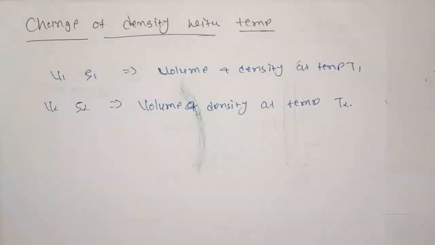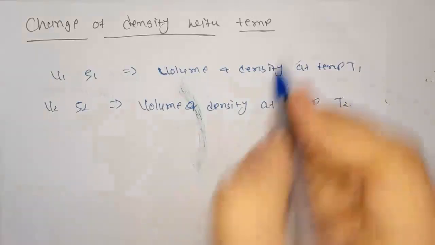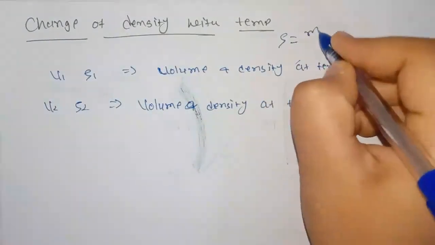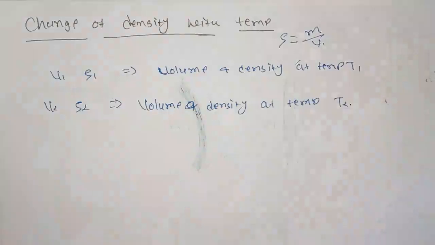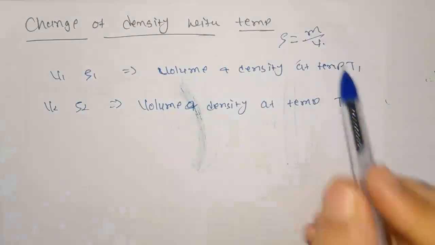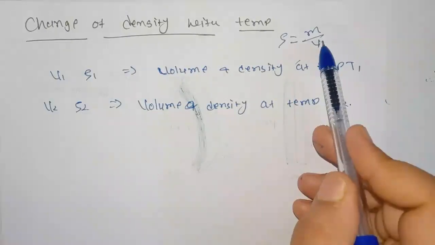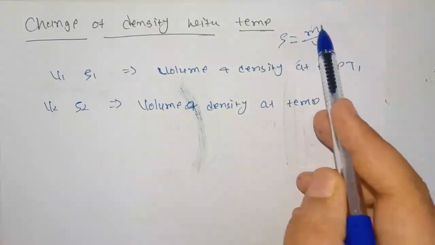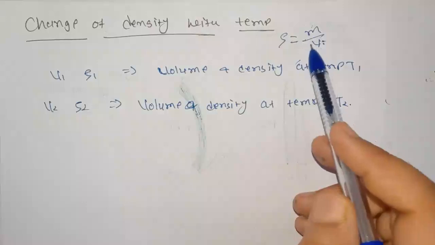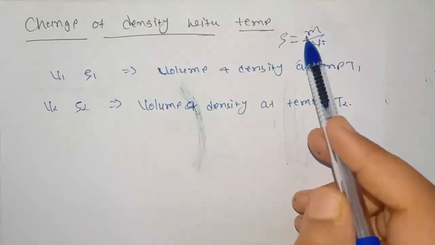Now let us see how density changes with change in temperature. The density is defined as mass per unit volume. Since the volume of given mass of substance changes with temperature and mass remains constant, the density undergoes a change with temperature.